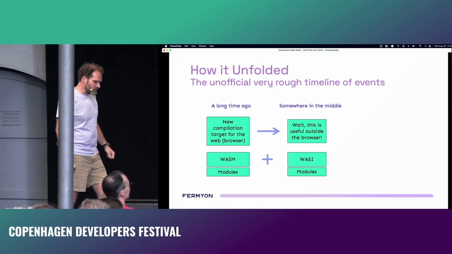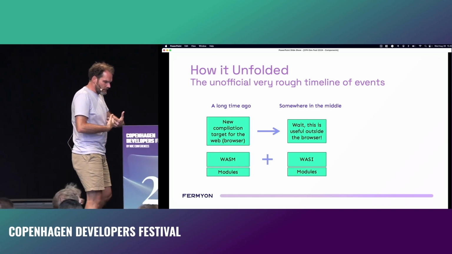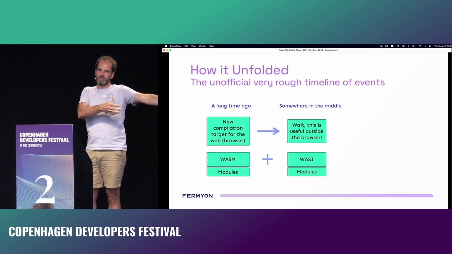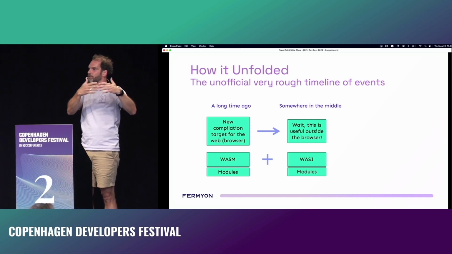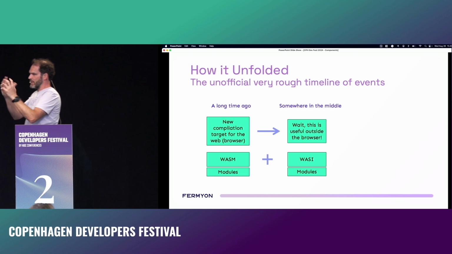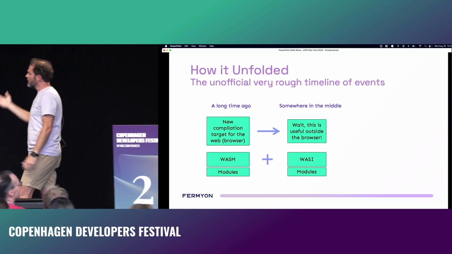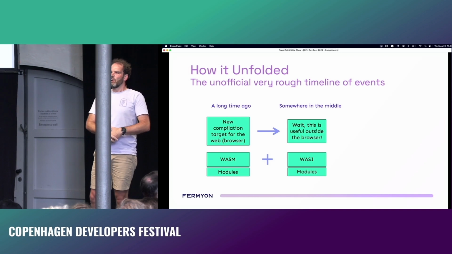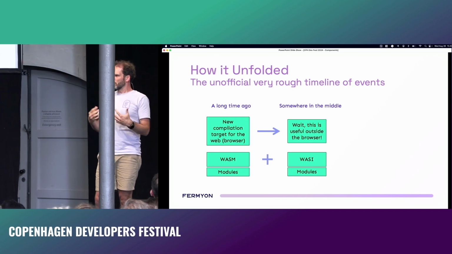And WASI is really meant to be so when you run WebAssembly inside of the browser, you expect that there's a set of browser APIs that the WebAssembly needs to interact with to interact outside of its sandbox with the outside world. WASI is a definition of what a system interface, or you could call it an operating system, would look like for these things.